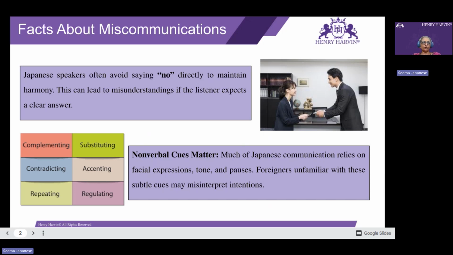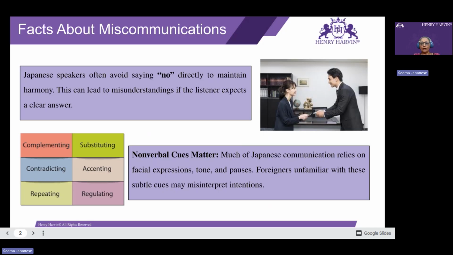If they have to refuse or deny someone, they will not use this direct no, right?